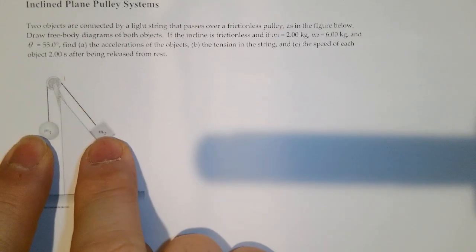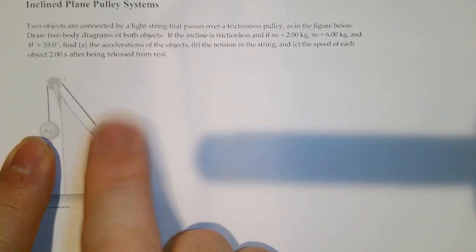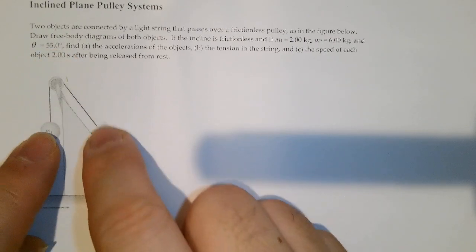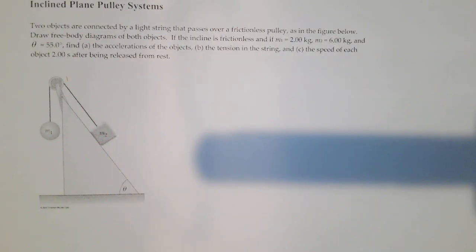Now you have to think about this. We know this is 2 kilograms and this is 6 kilograms. If we release it, we have to figure out which way this thing is going to accelerate. Is it going to go like this or like that? You can't just guess.